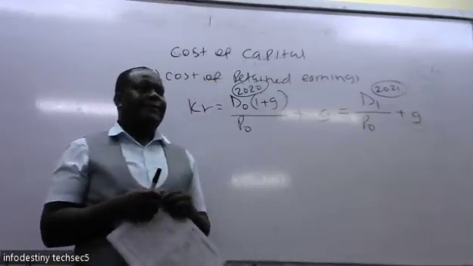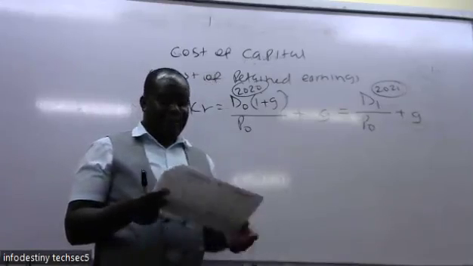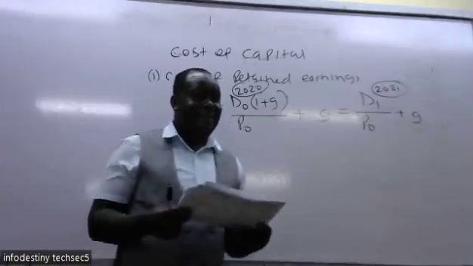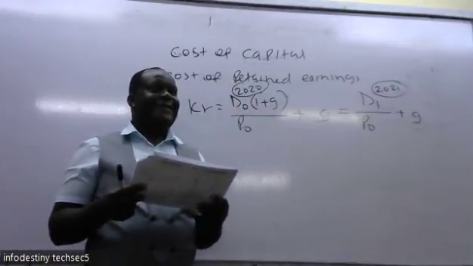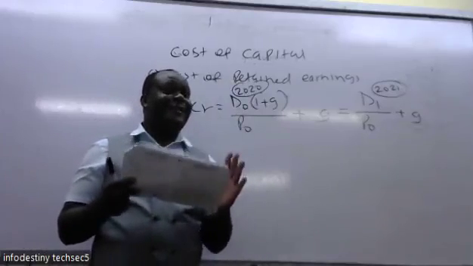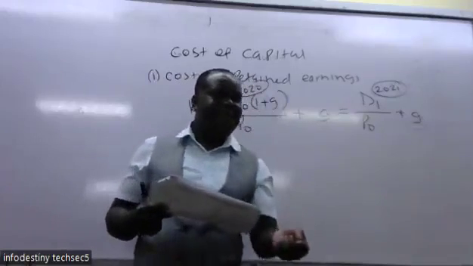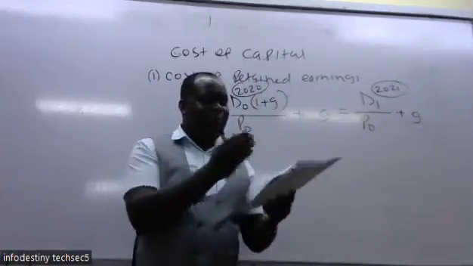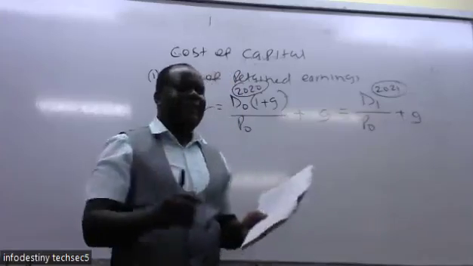According to me, I prefer we use D0 as 2020, which is 3.6. Yes, that's what we are explaining. If you explain, it becomes somewhat complicated. No complication. I've simply stated that D1 is the next to be paid, and D0 is the last that was paid. So go to the question. It is for the last 5 years. Among the last 5 years, which is the last year?